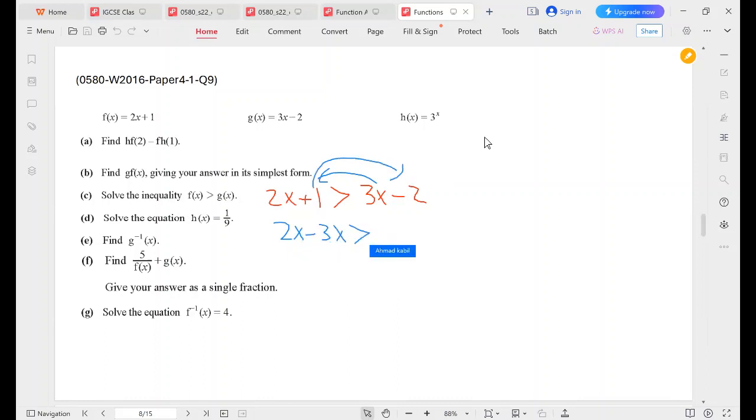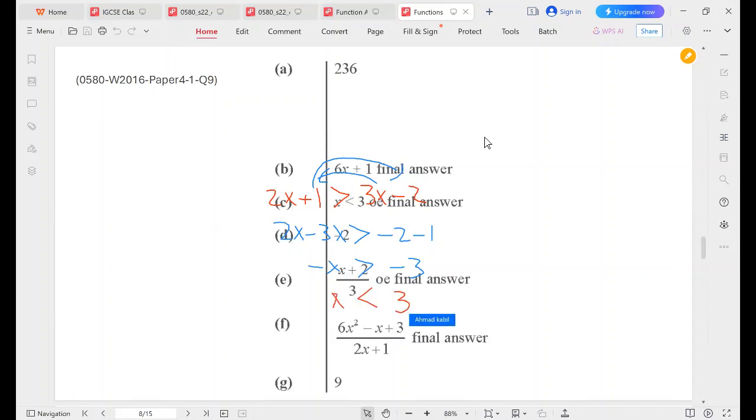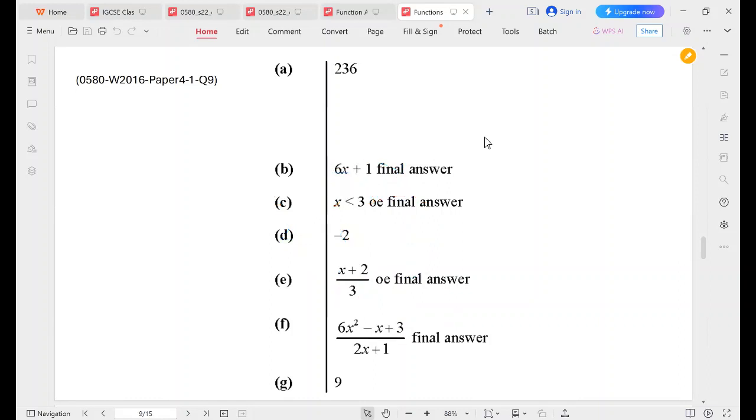So we have -2 minus 1. Now we have negative x greater than -3. We multiply by -1 on both sides. And remember, in inequalities, when you multiply by a negative number, you have to change the direction of the inequality. So it becomes x smaller than 3. And x smaller than 3 is the correct answer to C.